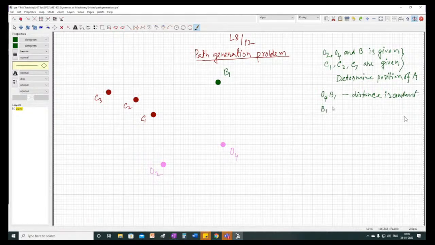Also, B1C1, actually BC, is constant. Why? Because B point and C point both are on the coupler. We don't know what the shape of the coupler is, but both of them are on the coupler. That means it is a rigid body and their distance is always constant.